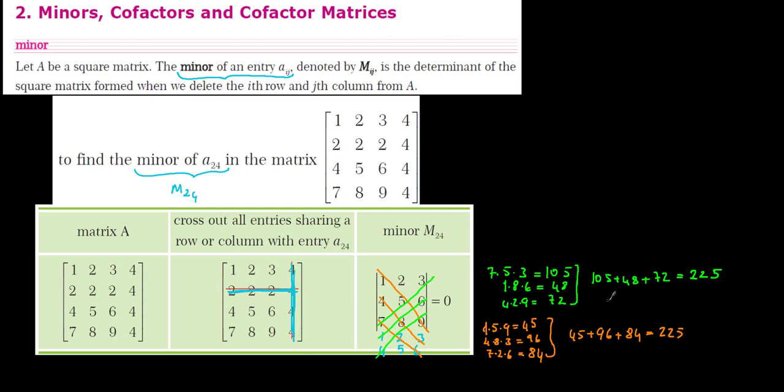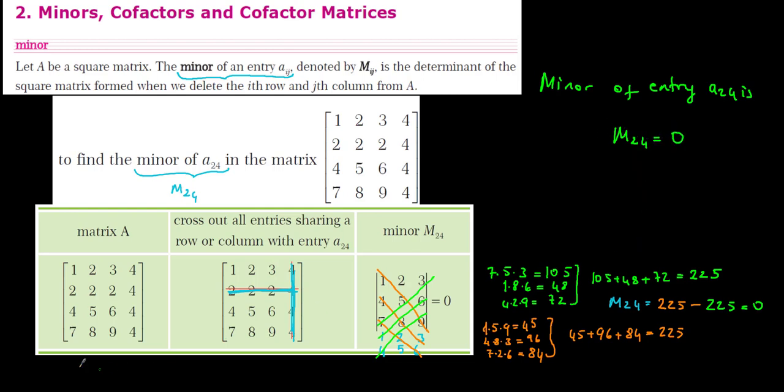Then M24 is equal to 225 minus 225, which is equal to 0. So the minor of the entry A24 is M24, which is equal to 0.